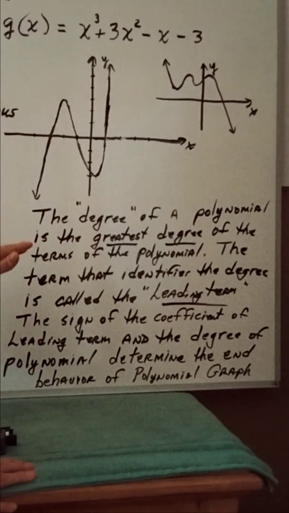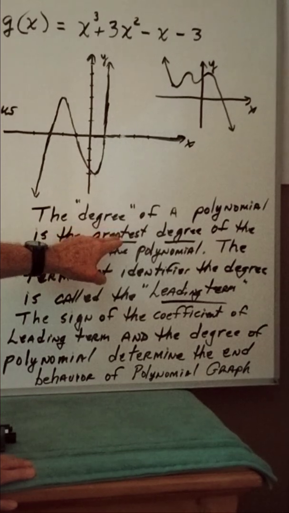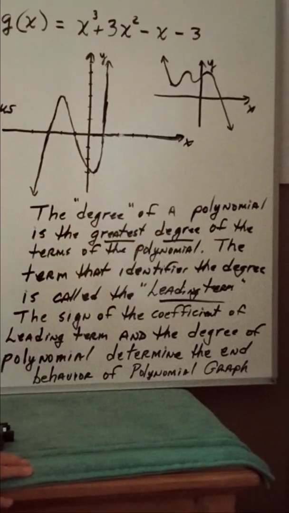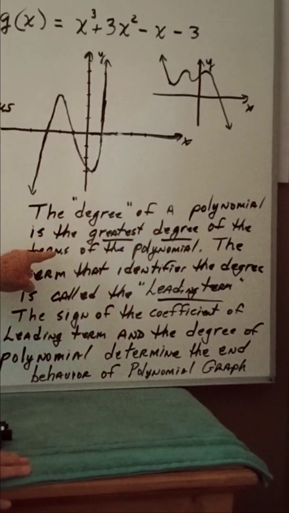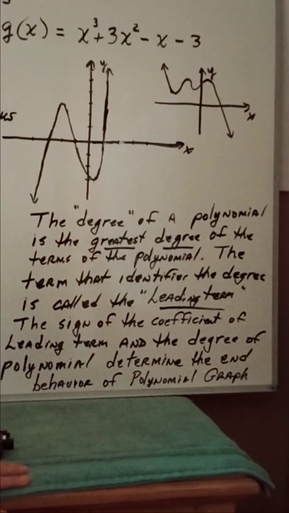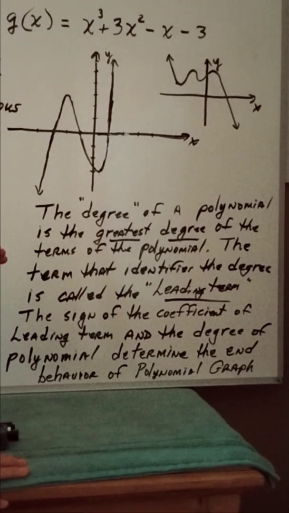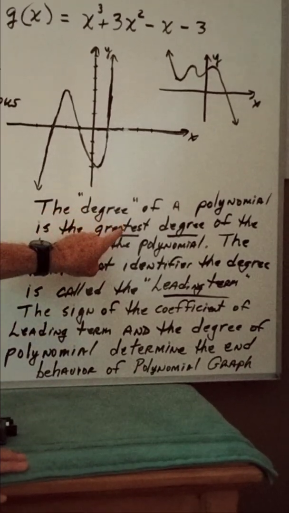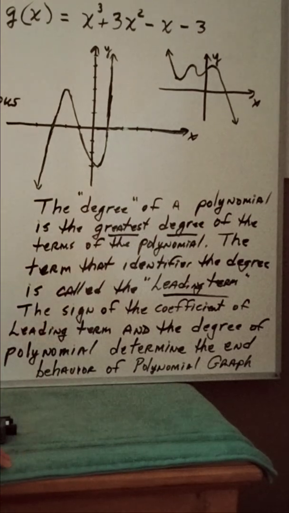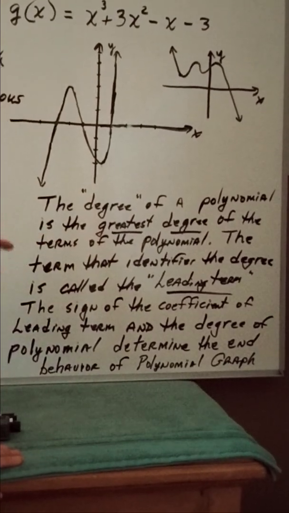The degree of a polynomial is the greatest degree of any of the terms of the polynomial. I'll say it again. The degree of a polynomial is the greatest degree of any of the terms of the polynomial.